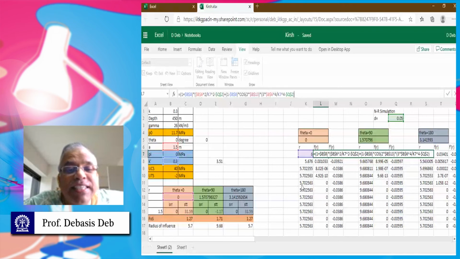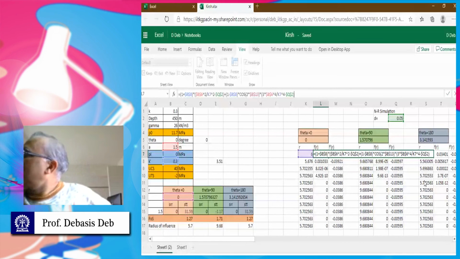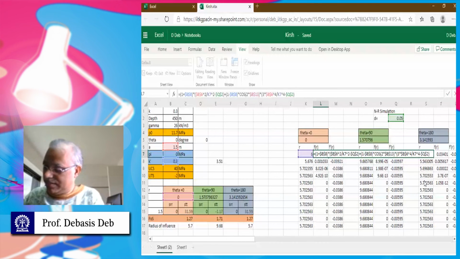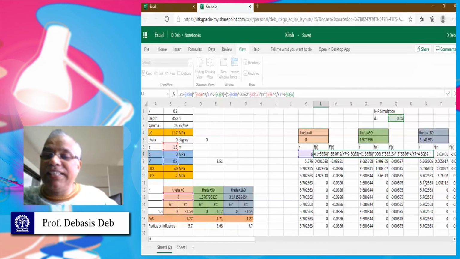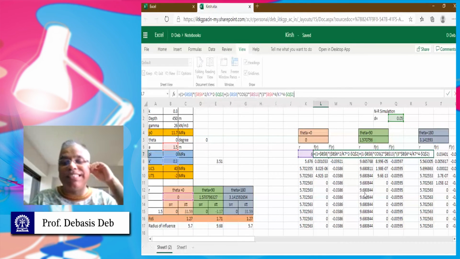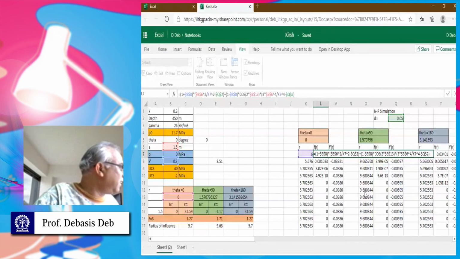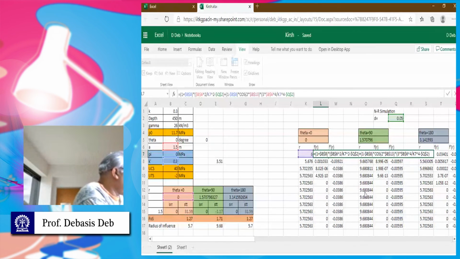So at 0 degree it is saying 5.7 meter. At 180 degree also it is 5.7 meter, and at 90 degree it is showing 9.68 meter. Okay, in the book a slightly wrong value is given. Let me show you what is given in the book.